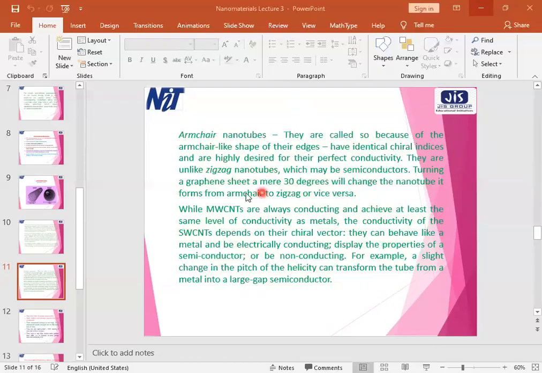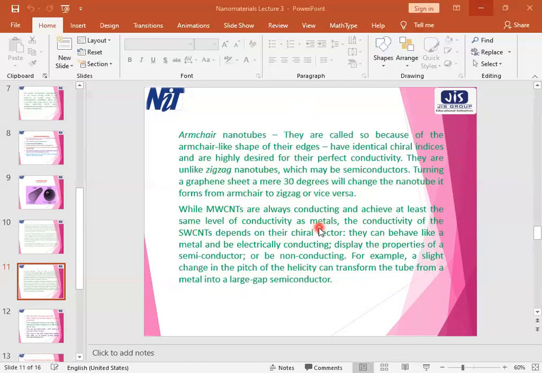Turning a graphene sheet a mere 30 degrees, just 30 degrees, will change the nanotube from armchair to zigzag. Multi-wall carbon nanotubes are always conducting and achieve at least the same level of conductivity as metals.